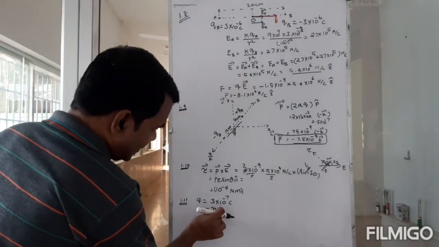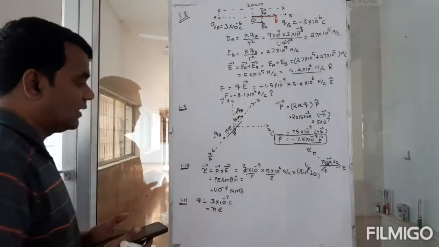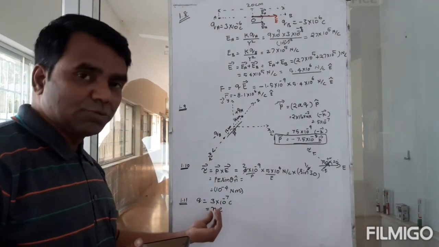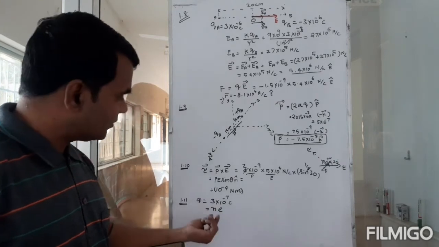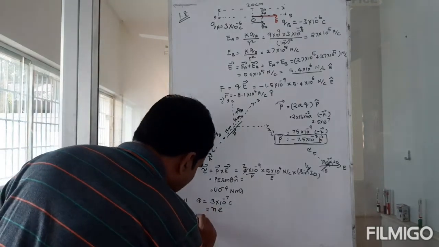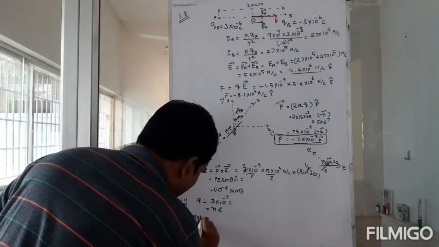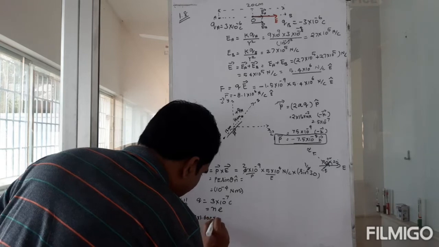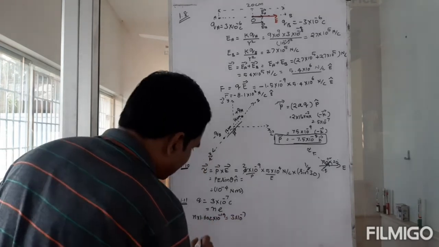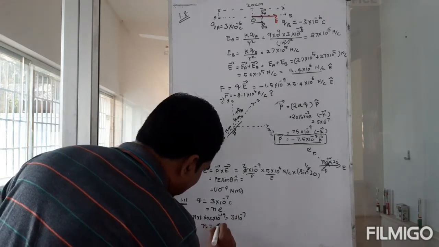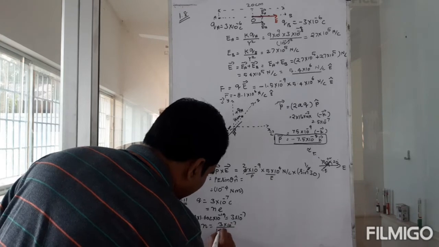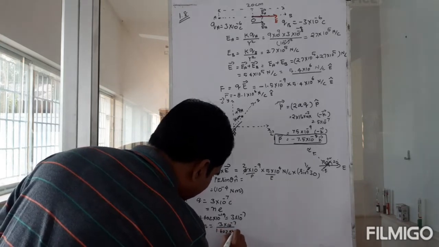So a certain number of electrons are leaving. So how many electrons left? n into 1.602 into 10 power minus 19 is equal to 3 into 10 power minus 7. So n can be easily calculated: 3 into 10 power minus 7 by 1.602 into 10 power minus 19.